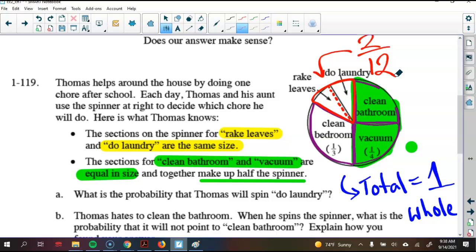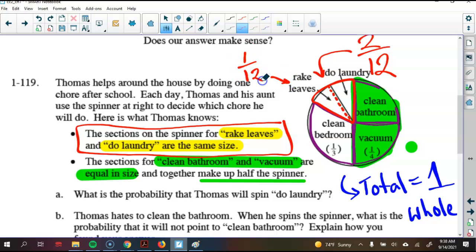And then, if we come back to here, what did they tell us about that section? They are the same. So if each of these is 1/12, would they together make 2/12? Yeah.